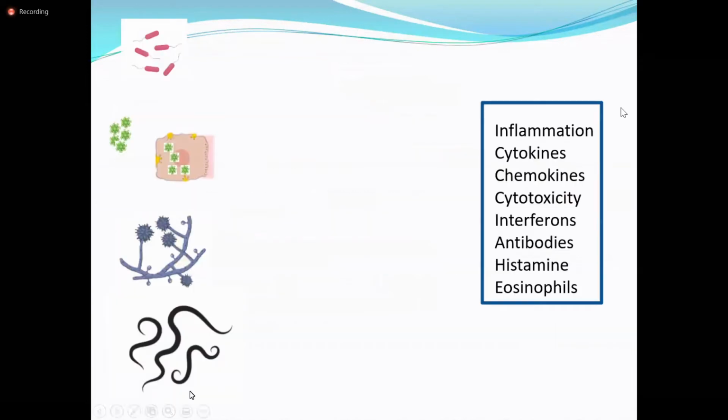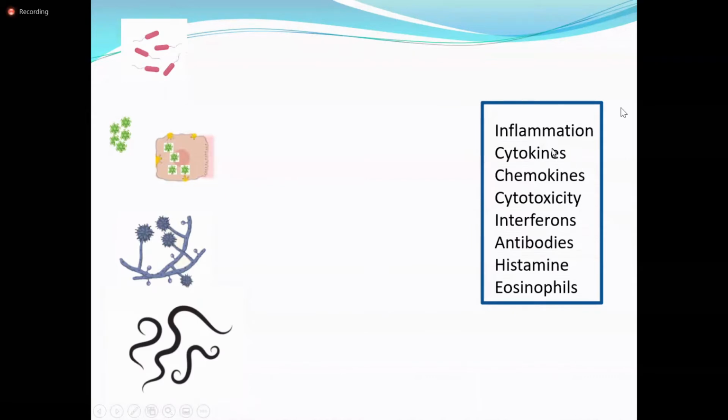So, as I said, in the environment, we encounter many different types of pathogens, whether they're pyogenic bacteria, viruses that can infect cells, fungi, or large parasites like these parasitic worms. And the types of defense responses we need to mount against each one is dependent on the nature of those pathogens themselves.